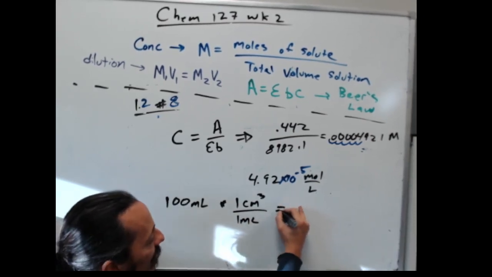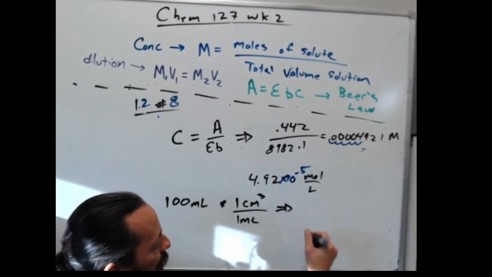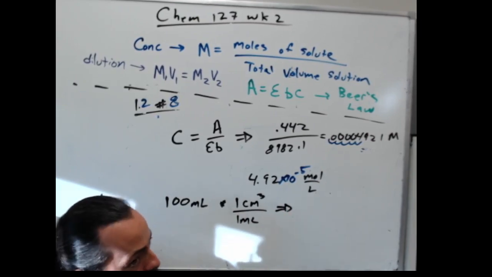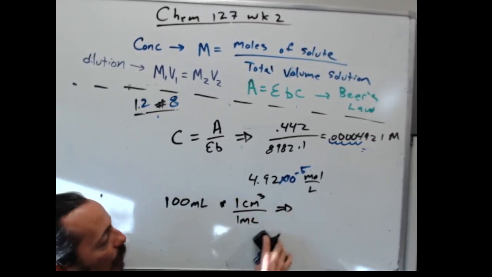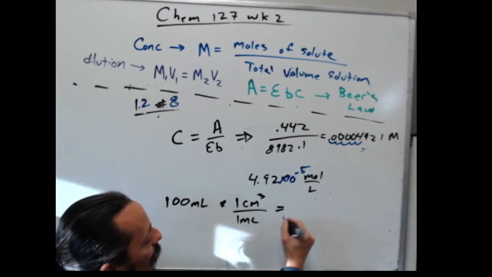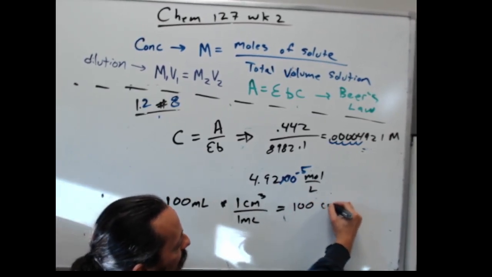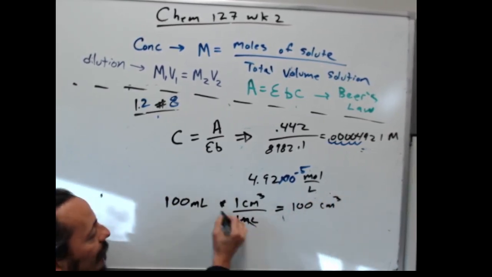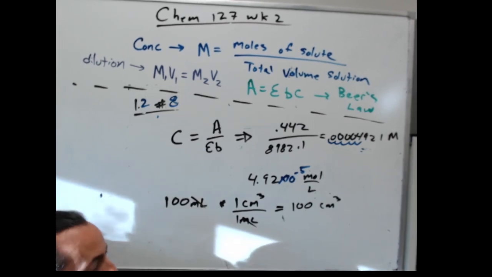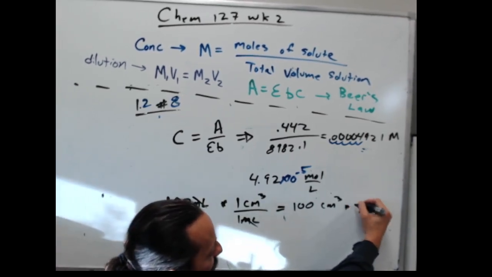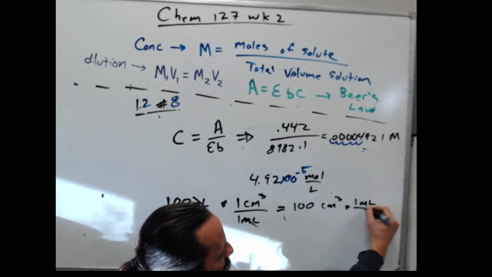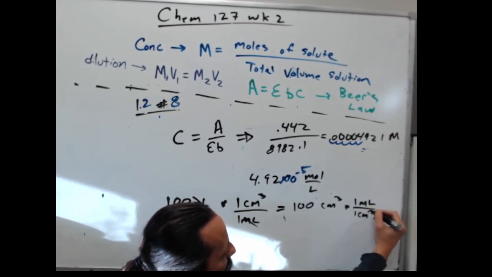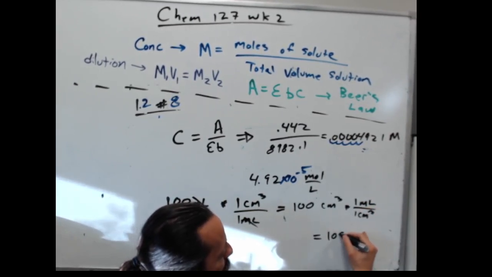So whenever you see mL or cm cubed, you can just kind of change them back and forth because it's a 1-to-1 ratio. So that's just 100 centimeters cubed, right? My milliliters cancels out. And then I can convert it back just as easily where I've got 1 milliliter for 1 centimeter cubed. And that equals 100 milliliters.